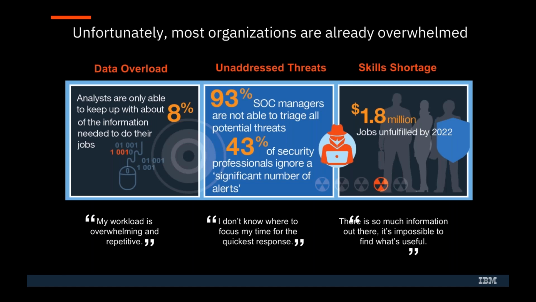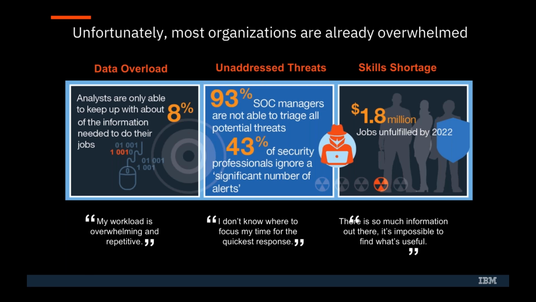And many organizations are overwhelmed with the data that's coming in. One survey said that analysts are only able to keep up with about 8% of the information they need to do their jobs. 93% of security operations center managers are not able to triage all of the potential threats.